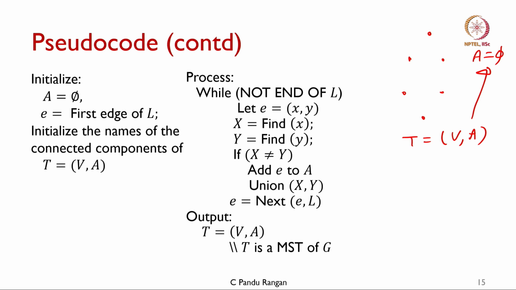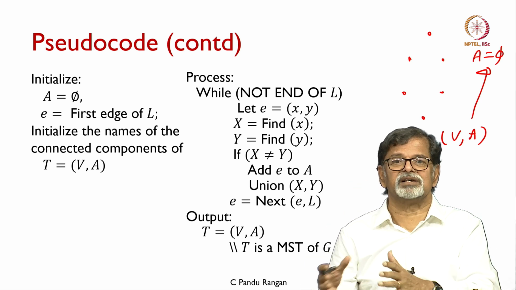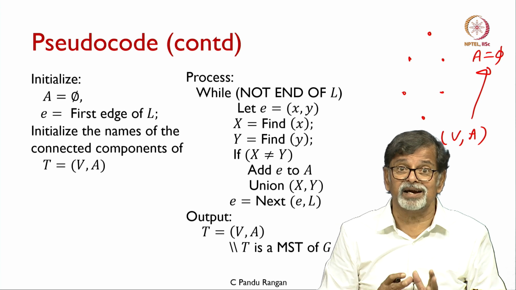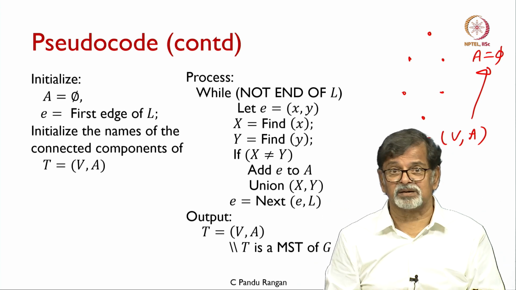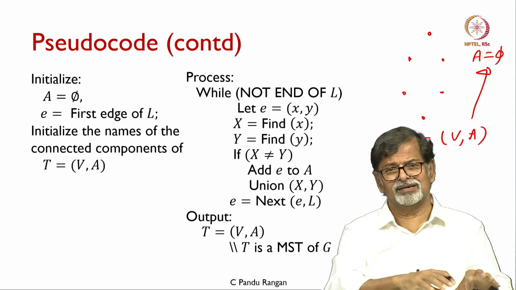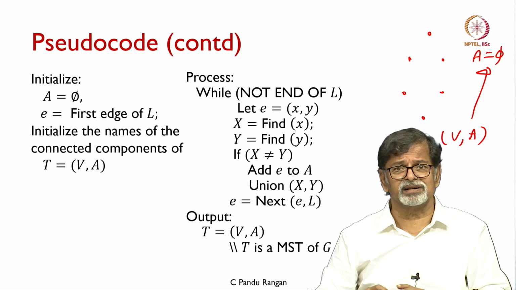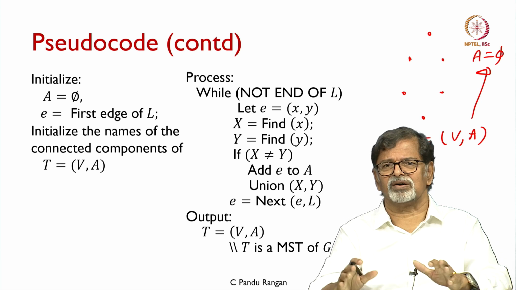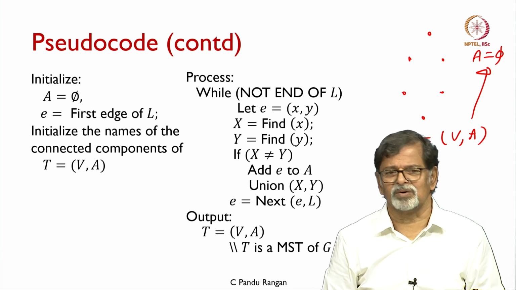So what are the connected components of T? They are the individual vertices. So how many connected components does T_A have now? n connected components. This is what we have to initialize. We will see how that is done later. Assume that they are initialized and some names are given for each of the connected components.